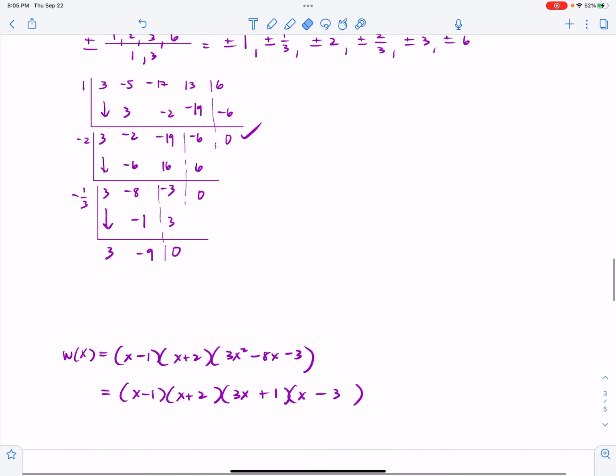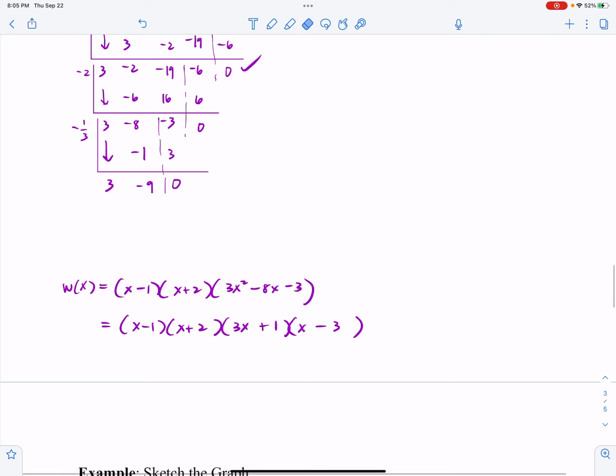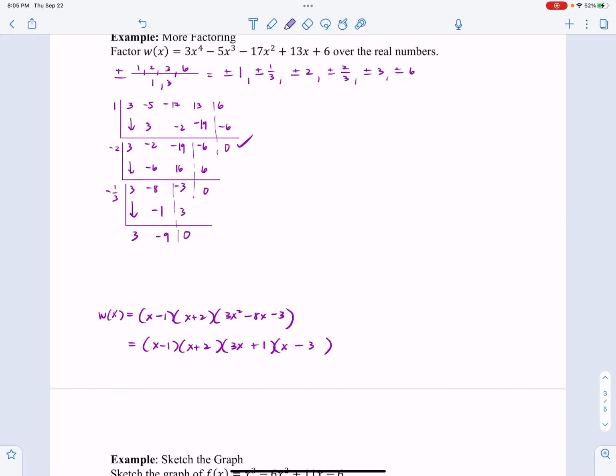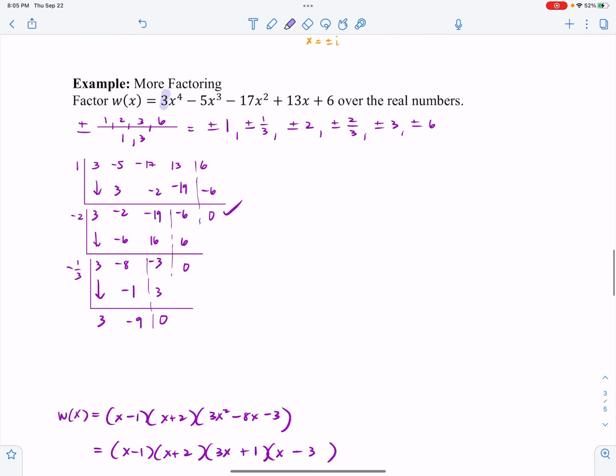My point in going back over this is you need to make sure that if you were to multiply out all the factors, you would get the original polynomial, which has the leading coefficient of 3. And if you just identified the zeros and then took all the zeros to write your factors of the polynomial, you would have x plus 1/3, x minus 1, x plus 2, x minus 3, and that multiplied out would have a leading coefficient of 1.